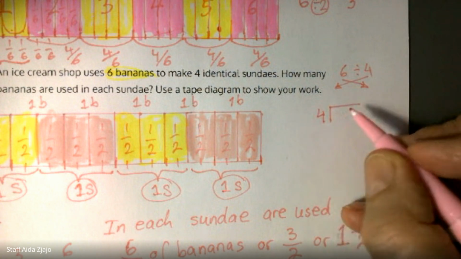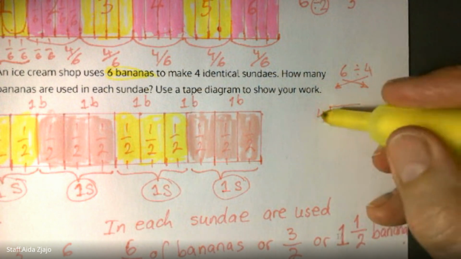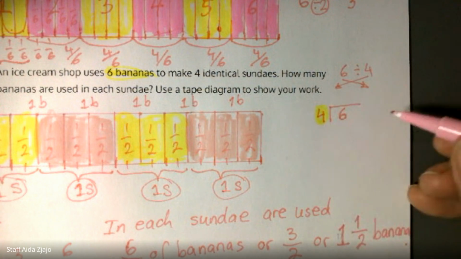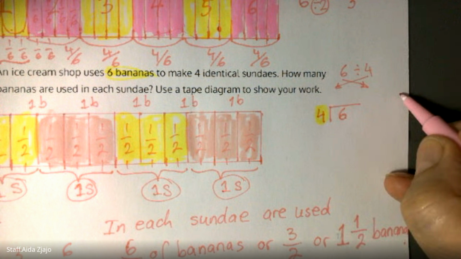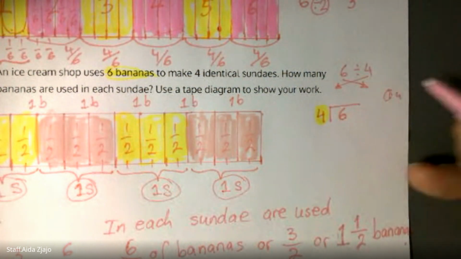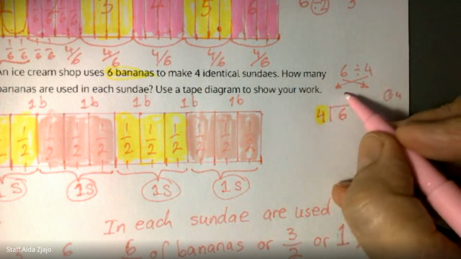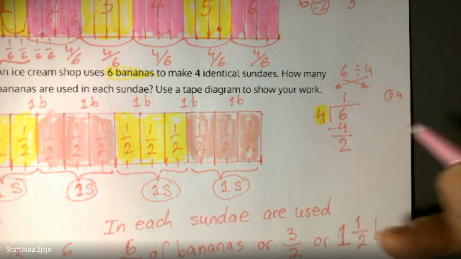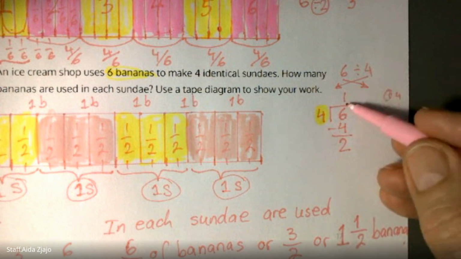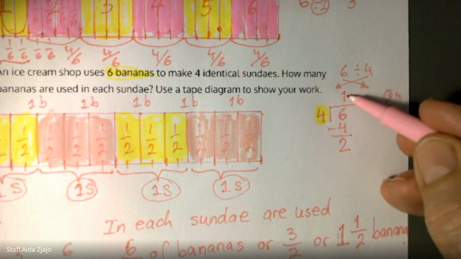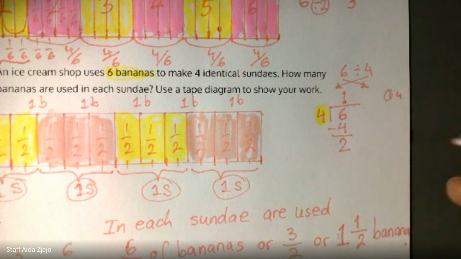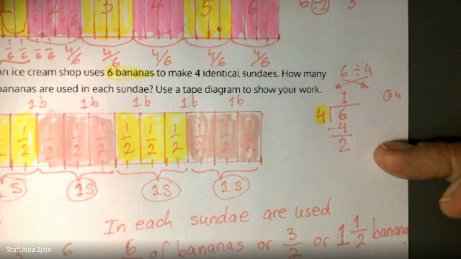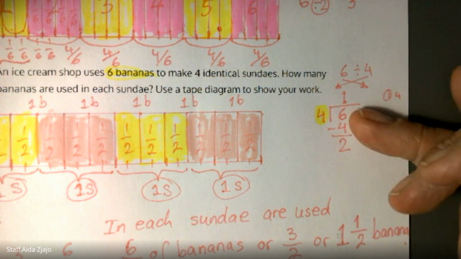So let's see. My group is 4, and I need to see how many fourths are in 6. There is only 1 fourth in a 6. So 1 times 4 is 4. When I subtract, I get a leftover of 2. Now I do not have any more numbers, so you can keep dividing to get the decimal, because it will be 1.5.